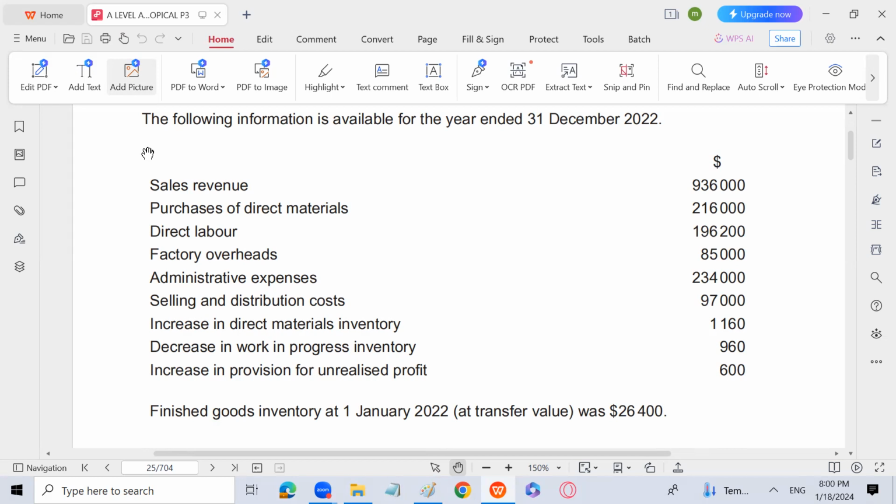Number one thing is this, that 1st January means that this is finished goods opening inventory at transfer price. Number two, if it is not given in the question that the value is at transfer price, we will consider that it is at transfer price. So it's not needed at all that it should be written in the question or not.